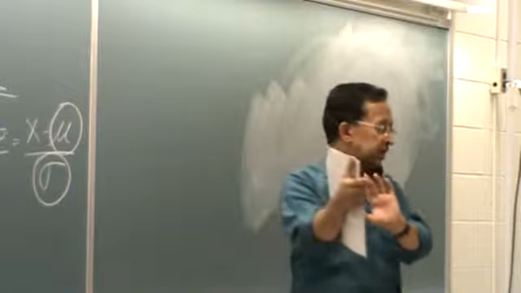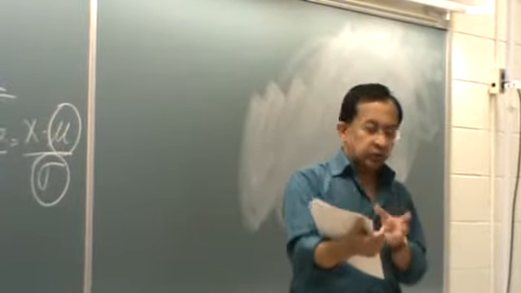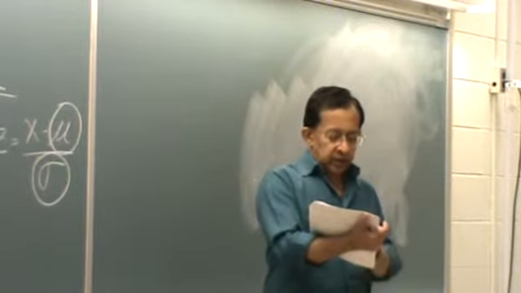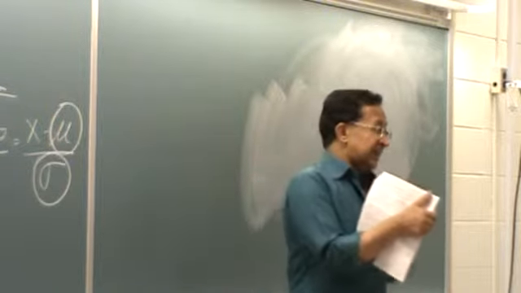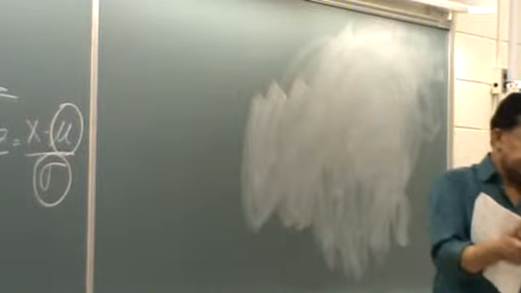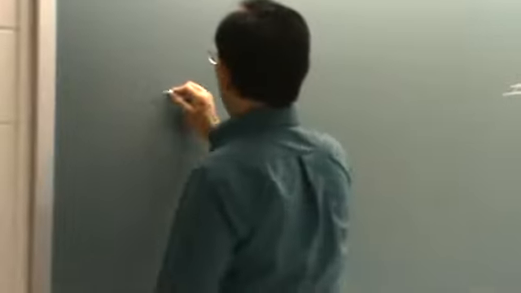Once you know that area, that's the probability. So how do we do it? We use the same formula for z, and the number we need to use for X here is 650.